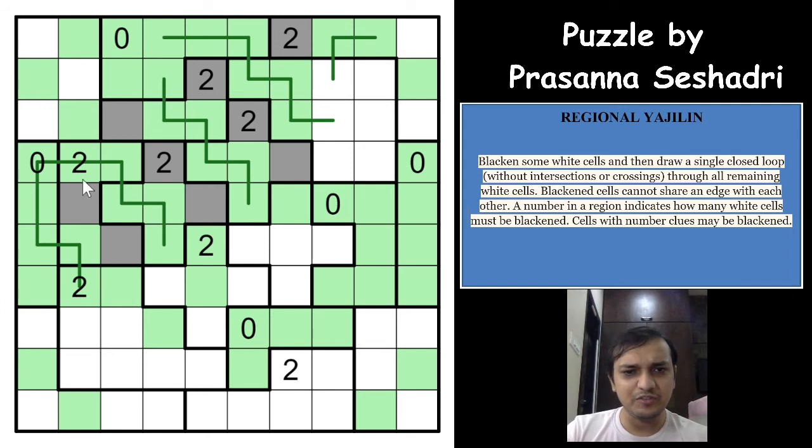Which means that even if I close this loop segment at a later stage, it will still go like this, and it will not affect any puzzle rule, property or constraint, because there is no number here that has to be shaded or unshaded, which means that this loop segment and this loop segment will meet each other, right? So let us go by the logic here. Let us see if we get anything else here.